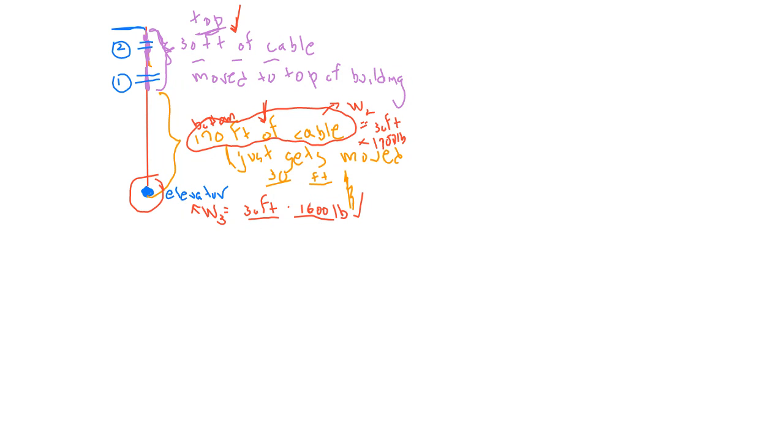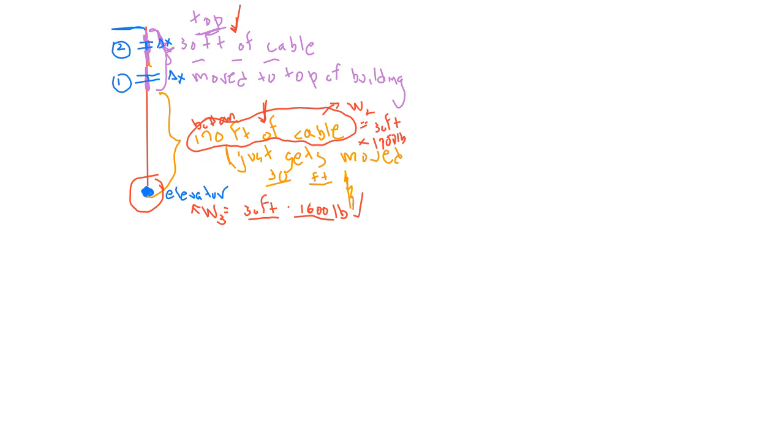Do both cable piece 1 and cable piece 2 get moved to the top of the building? And they're each of width delta x, by the way. Yes, they do. That's right.